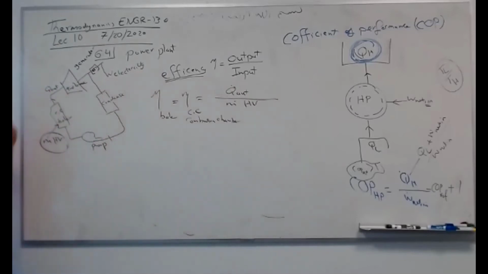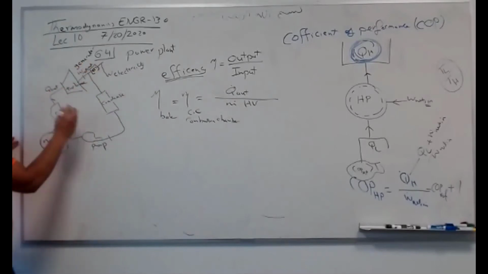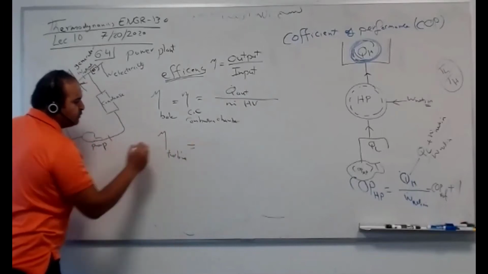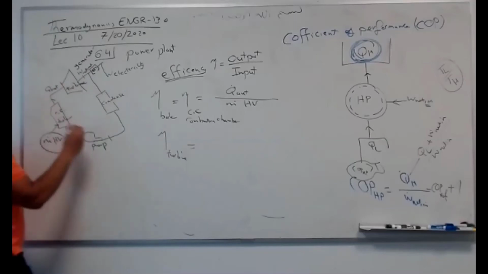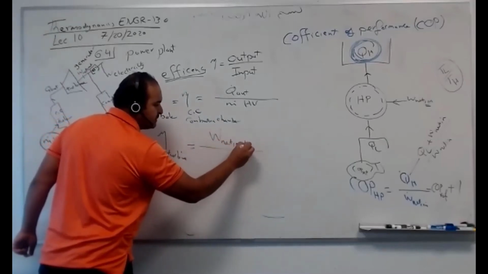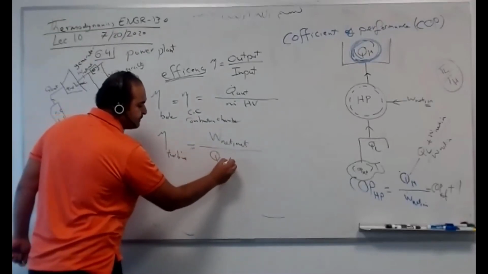Let's talk about turbine. Turbine, it has here W net out. So eta turbine, it's output over input. What is output? Mechanical work. What is the input? Some heat. So the output is W net out, divided by Q out.